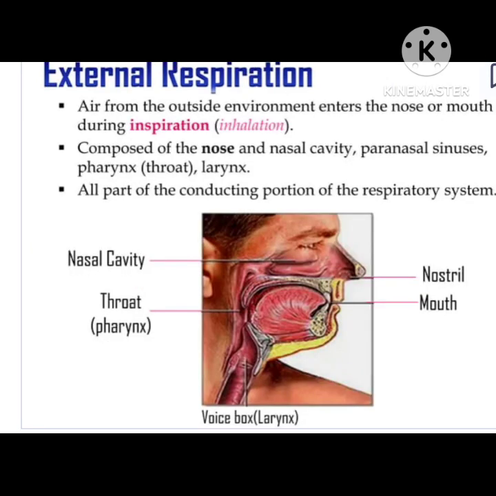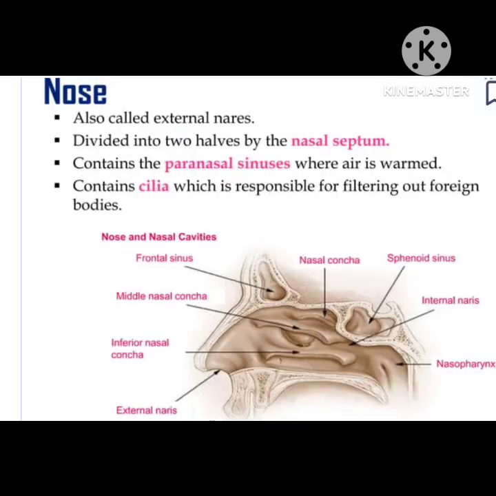External respiration: air from the outside environment enters the nose or mouth during inspiration, which is also called inhalation. The nose has external nares and is divided into two halves by the nasal septum.